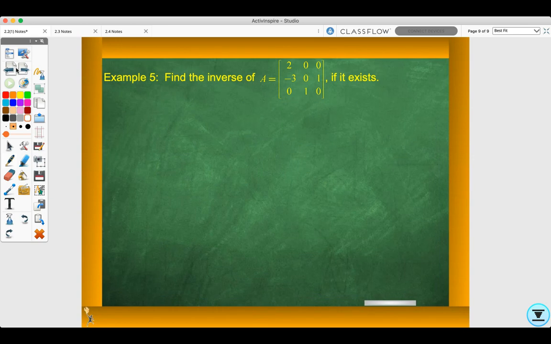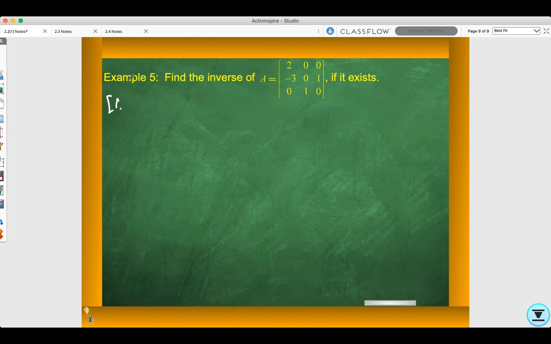Example 5, find the inverse of A if it exists. So what we're first going to do is set this up as [A I].